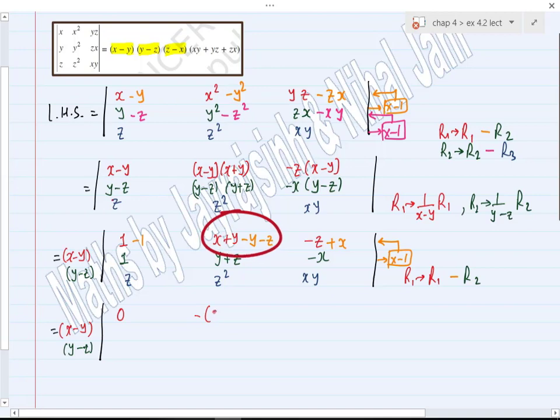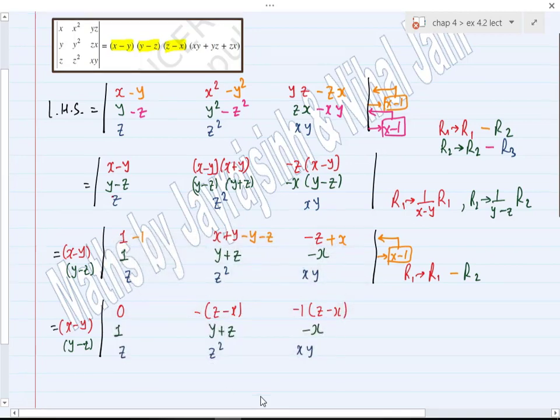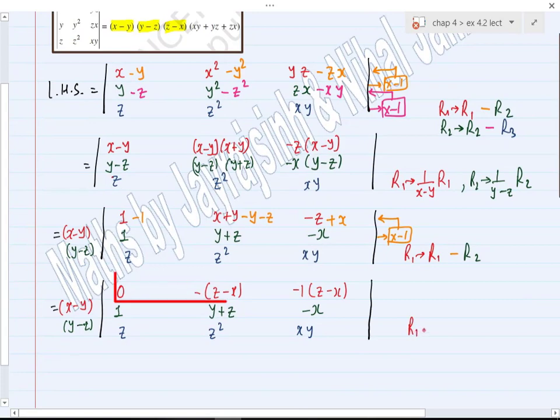Let's take minus common, so we can get z minus x, and again take minus 1 common, so again we will get z minus x. Your second and third row will be as it is. We are ready to take z minus x common from the first row.